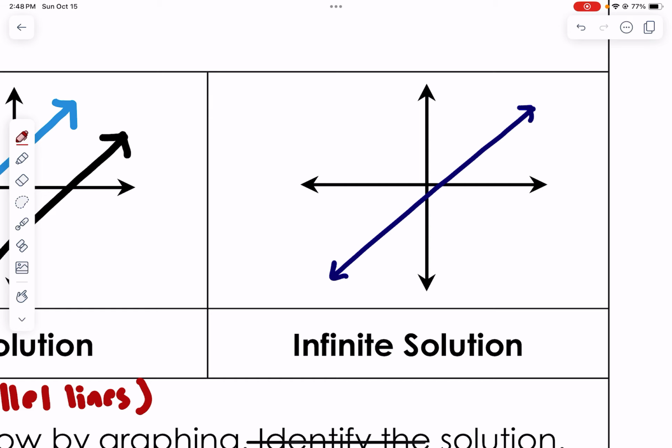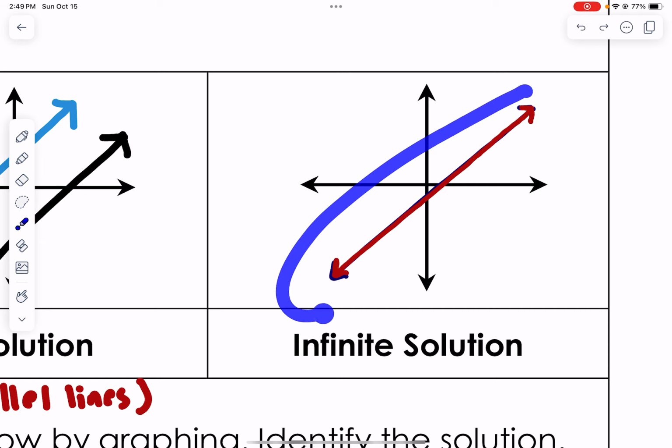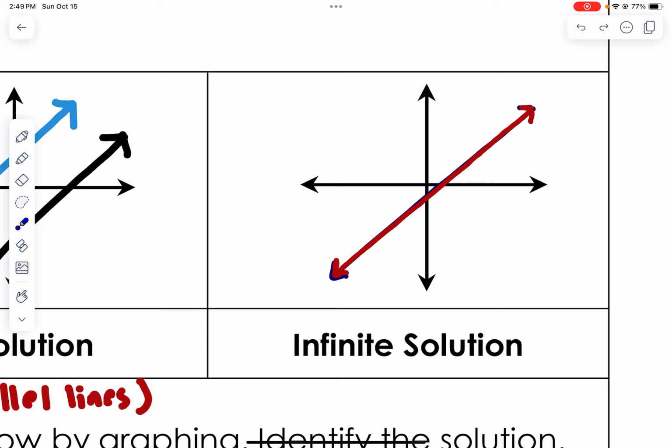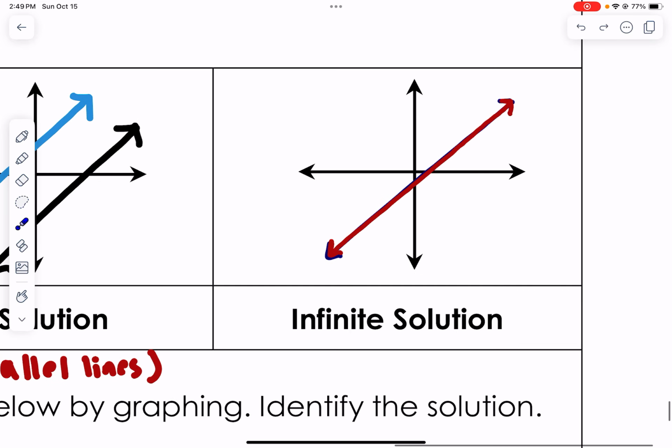Let's say we draw the other line, but it's exactly the same as the one in blue. In this case, notice that these two lines are intersecting at every single point, so we would have an infinite amount of solutions.